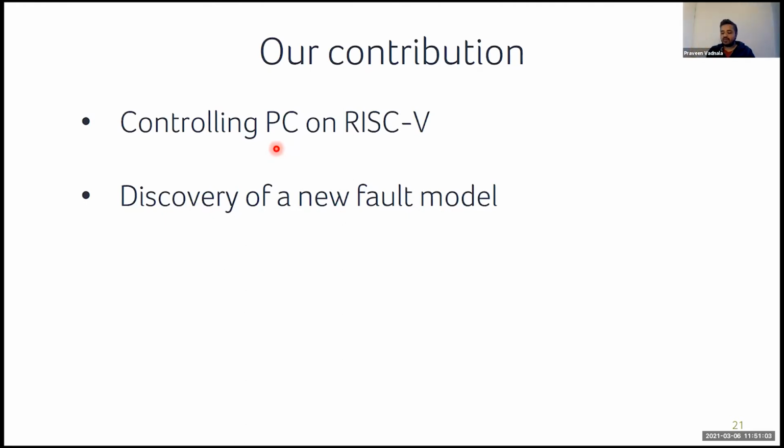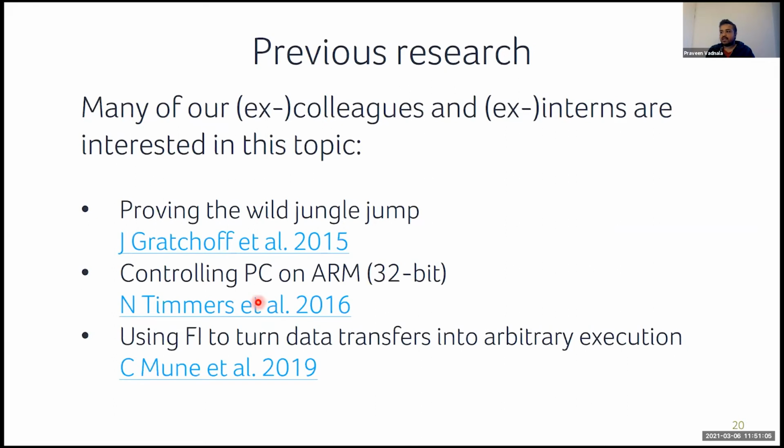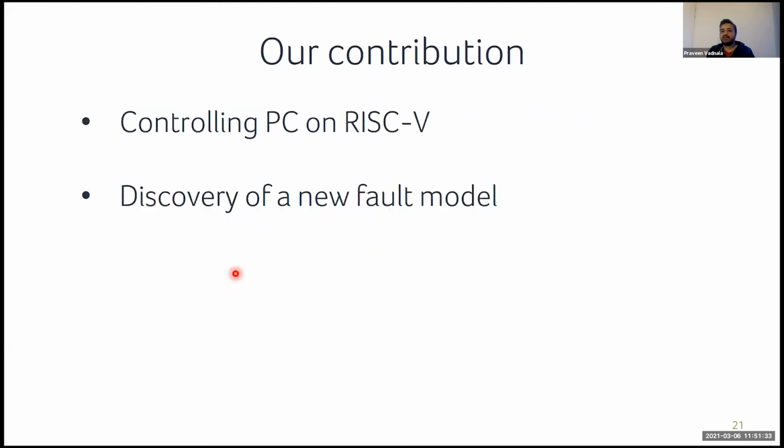The previous attacks, for example on ARM, work by changing the destination register of an instruction to the program counter. And if you can do that, then you can control PC. This is possible on ARM because ARM exposes the PC directly to the programmer. But in the case of RISC-V, the PC is not directly exposed.